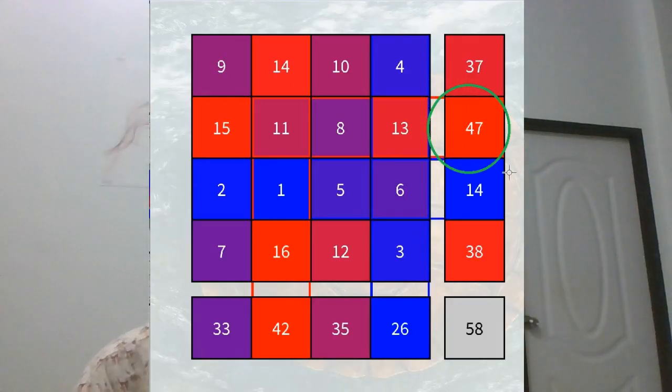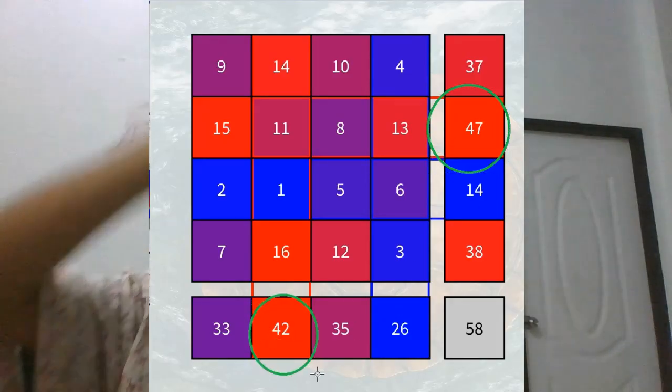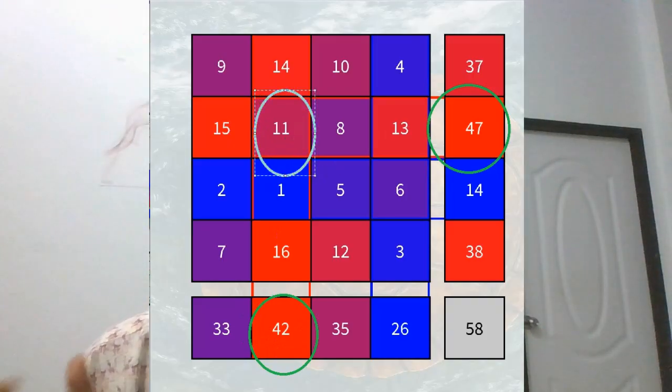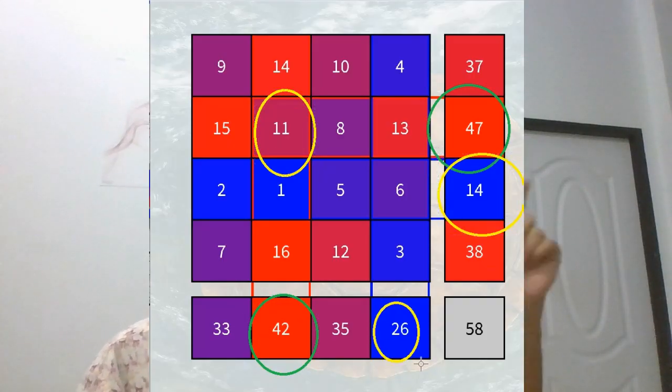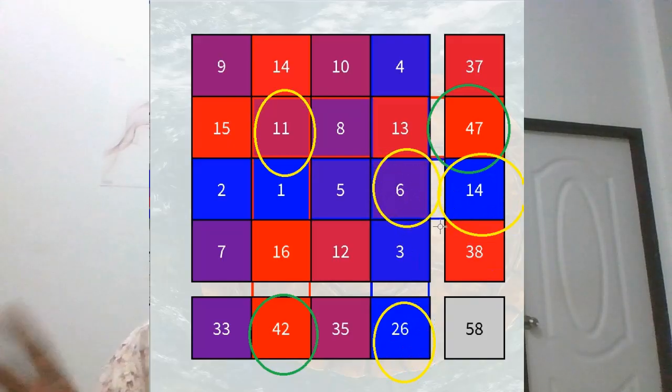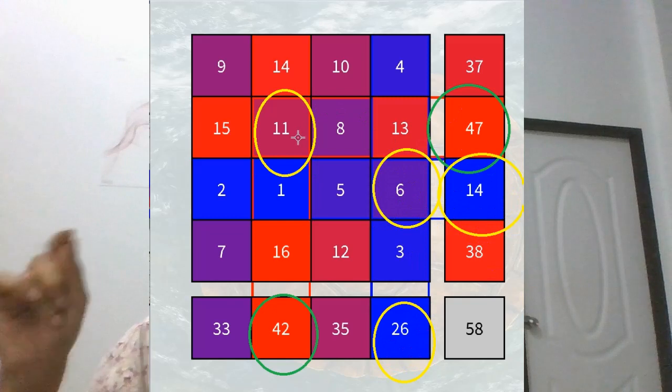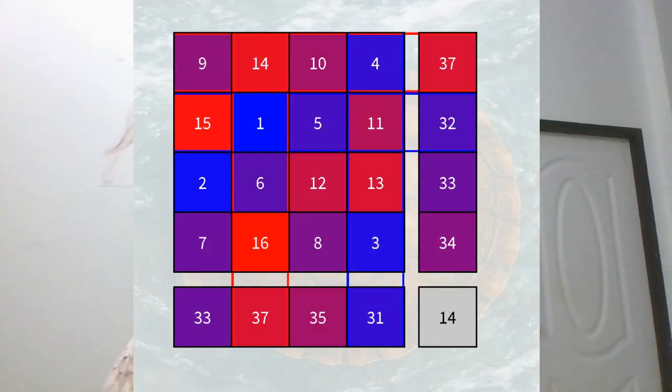So you find the row and column with the highest, the row and column with the lowest, and you draw across the grid and find the high square and the low square. If the high square is big and the low square is small, you can switch them, and your matrix distance from the magic square will go down, usually.